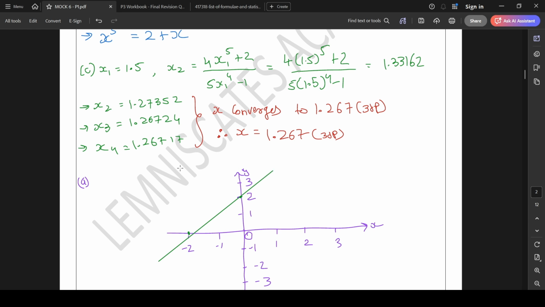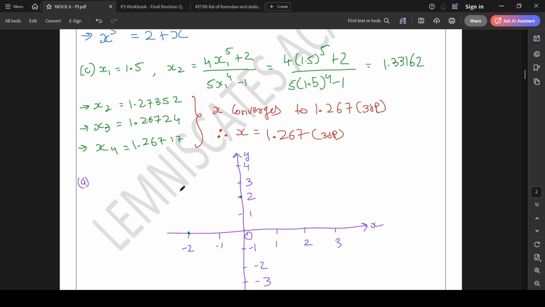I can just extend my y-axis a bit because my intersection is going to happen somewhere over here, and my y-axis is not allowing me to do that. So let me just extend my y-axis very quickly. It's going to be like this. This is my y-axis.